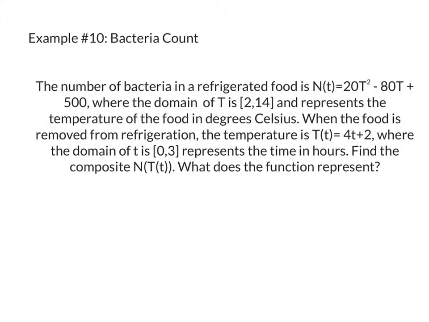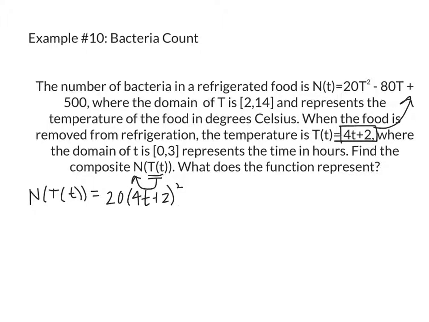So for us, it says find n of T of t. So we're going to put T of t inside of the n function. That will look like this. We will have 20 times 4t plus 2 squared, and then minus 80 times 4t plus 2, and then plus 500.